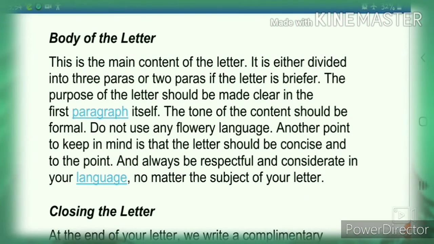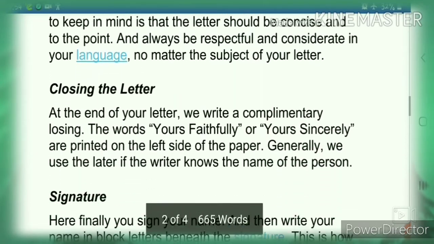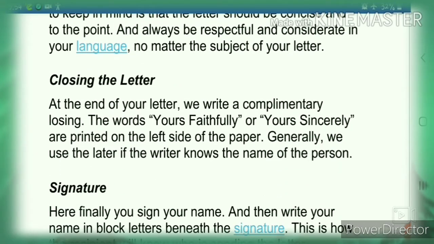After body of the letter is the closing of the letter. At the end of your letter, we write a complimentary closing. The words yours faithfully or yours sincerely are printed on the left side of the paper.